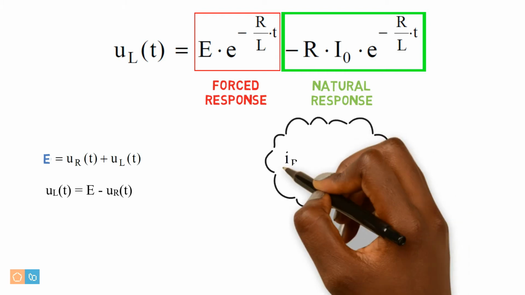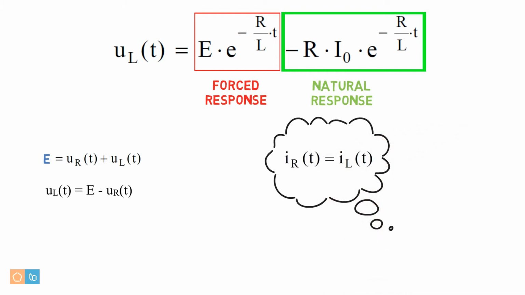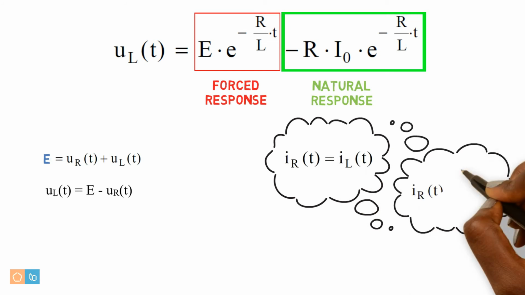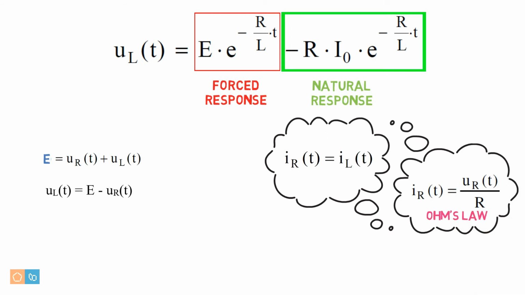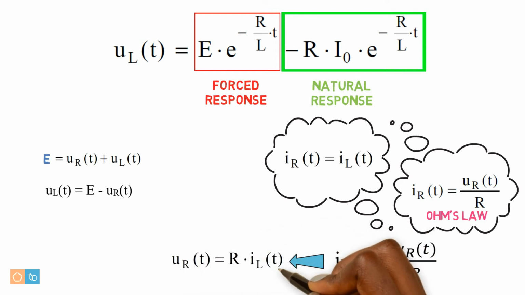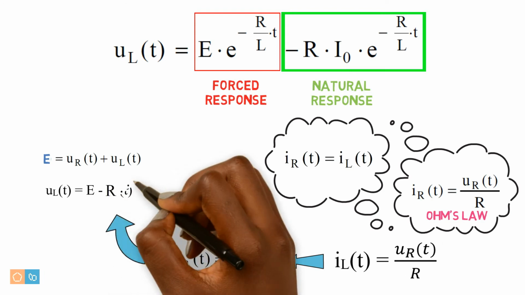Knowing that the current through the resistor and the current through the inductor are the same, and remembering, of course, Ohm's law, we have IL equals UR divided by R, which can be rewritten like this. We can then replace UR in the expression UL equals E minus UR.